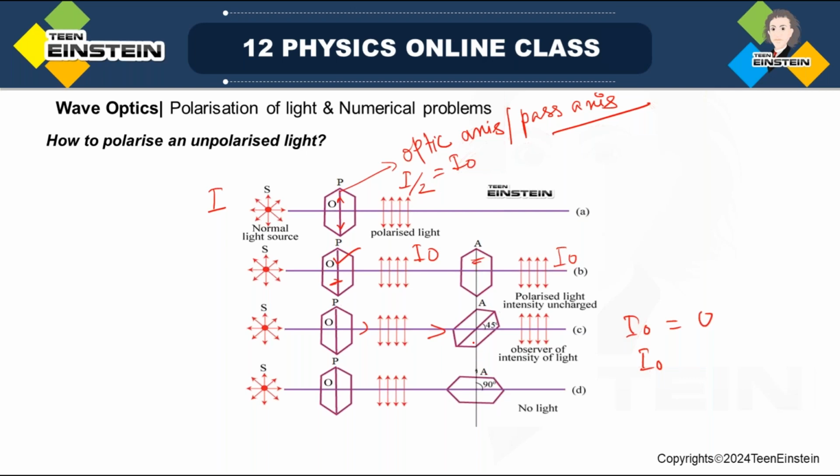So this is what we are going to discuss today: how intensity varies with the angle of the optic axis of polarizer and analyzer. Suppose this is analyzer, this is polarizer. If they make an angle theta between the optic axes, then intensity will be I0 cos square theta.